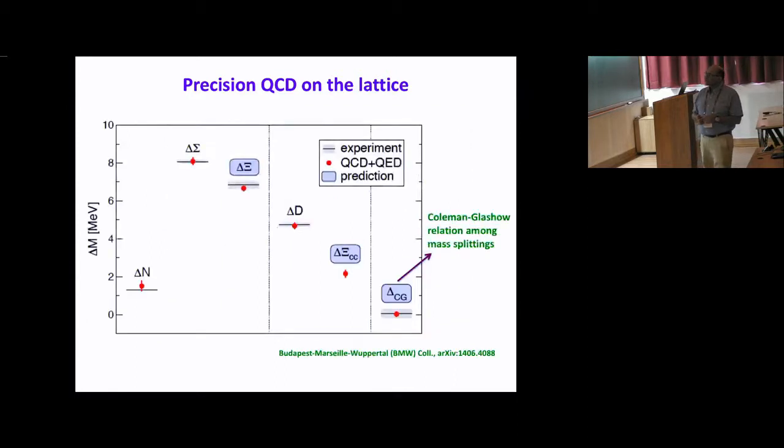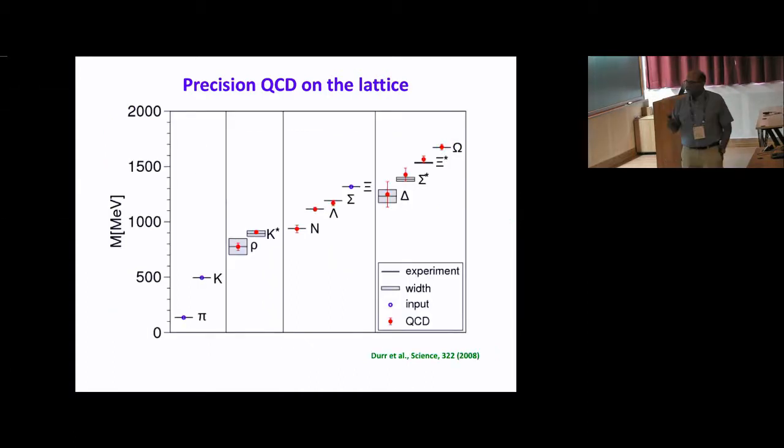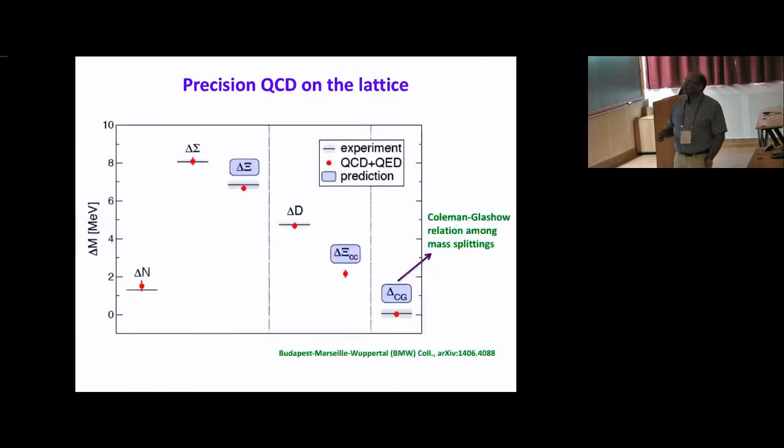But you can actually even do better, which is that now you can not only look at the masses, but you can understand mass differences in QED. Note the difference in scale in the two cases. Here it's in the hundreds of MeV differences between the different hadrons, while here it's in a few MeV differences.